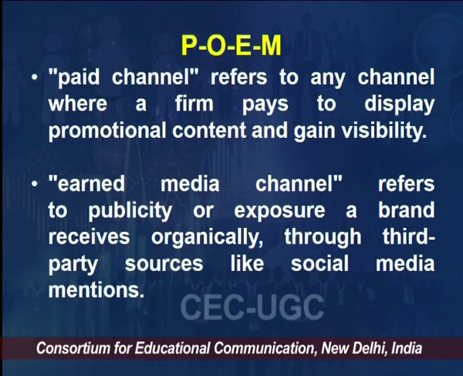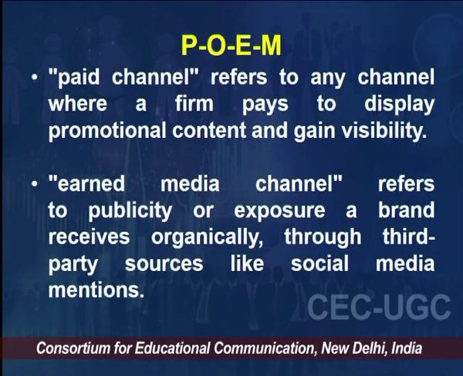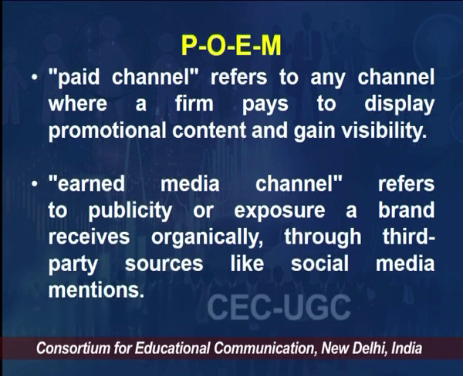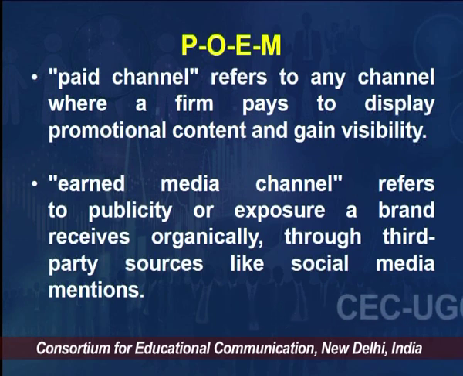When it comes to the digital framework, the channel is further segregated, or it can be very easily understood through this acronym, which is POEM. P stands for paid, O stands for owned, E stands for earned, and M for medium or channel. So, this becomes paid, owned, earned, media.